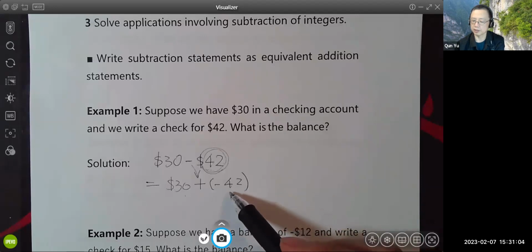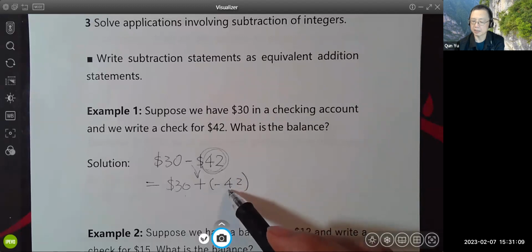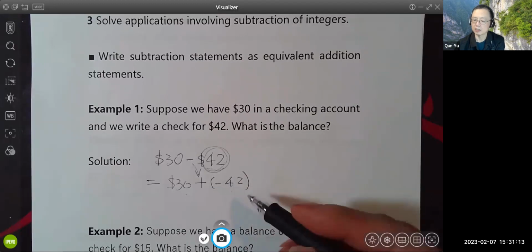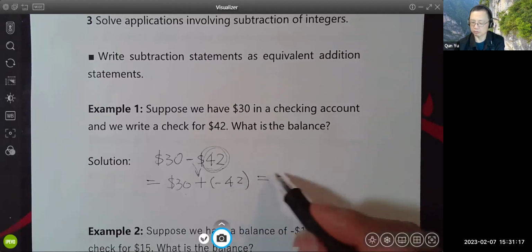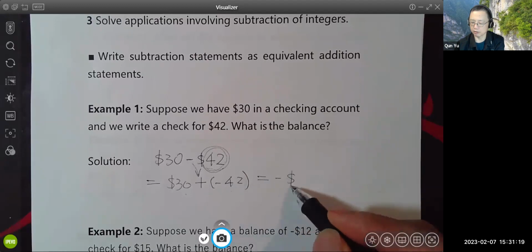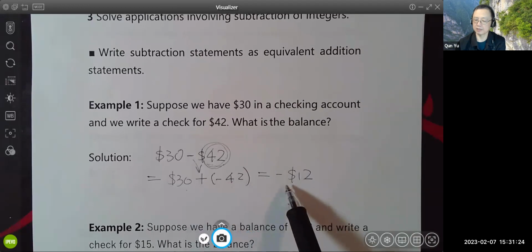Negative 42 has bigger size, bigger magnitude. This one will have the leftover. Leftover is 12, so we get negative $12. By doing addition, we get the original answer. You know this answer is correct.